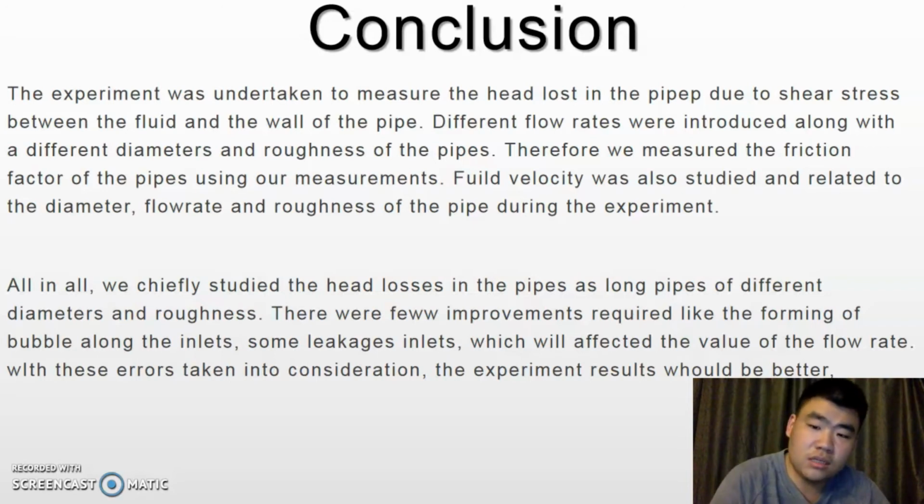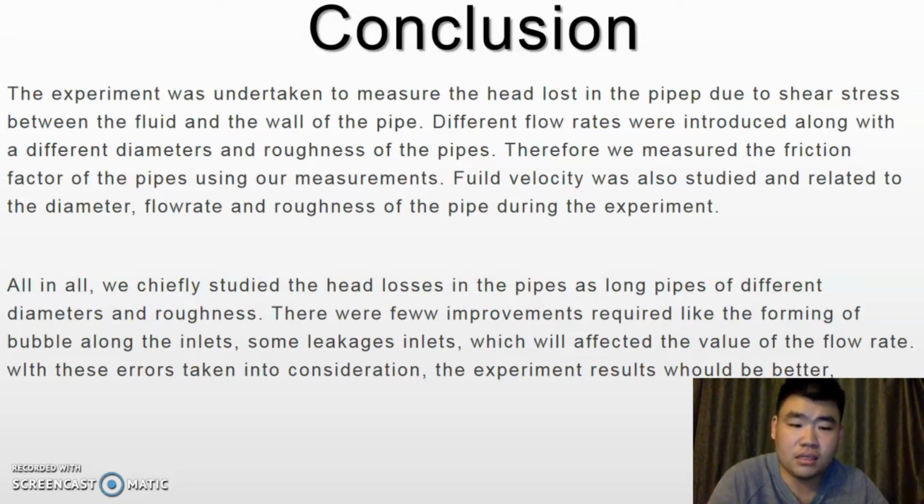The conclusion is about the experiment, which was undertaken to measure the head loss in the pipe due to the shear stress between the fluid and the wall of the pipe. Different flow rates were introduced along with different diameters and roughness of the pipes.